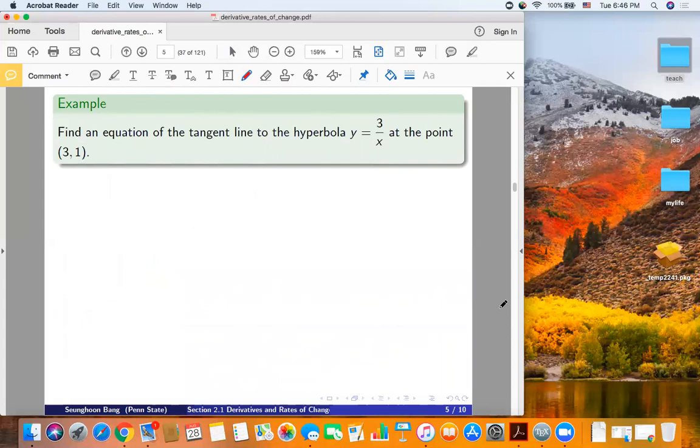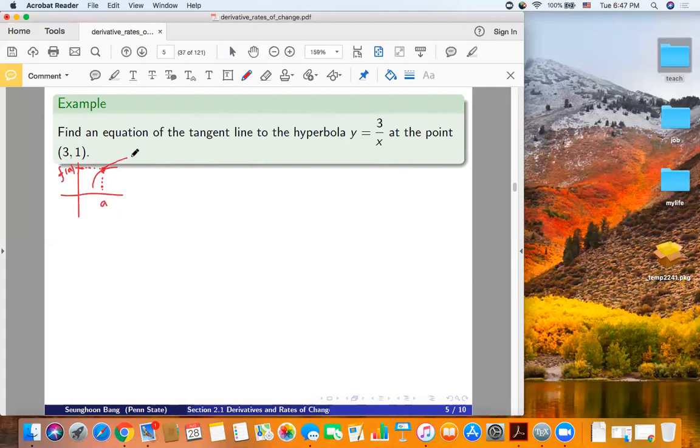Find an equation of the tangent line to the hyperbola y equals 3 over x at the point (3, 1). So how can you find the equation of the tangent line? Do you know this one? Here, we have the basic stuff. The graph is given. Choose one point, this is A, f of A, is given.